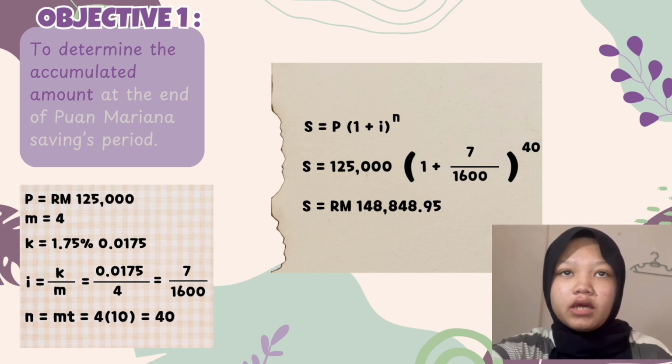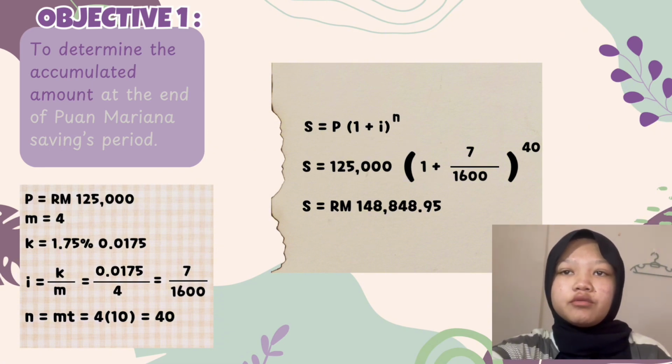To calculate the accumulated amount, we use S equals P(1 plus i) to the power of n. S equals 125,000 times (1 plus 7 over 1,600) to the power of 40.